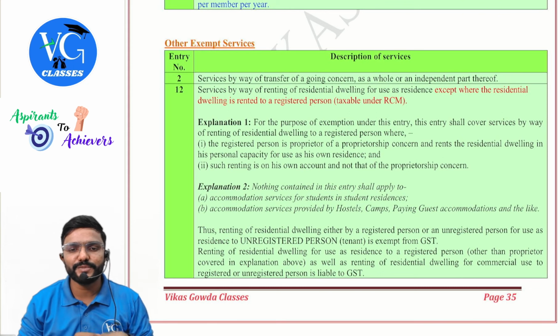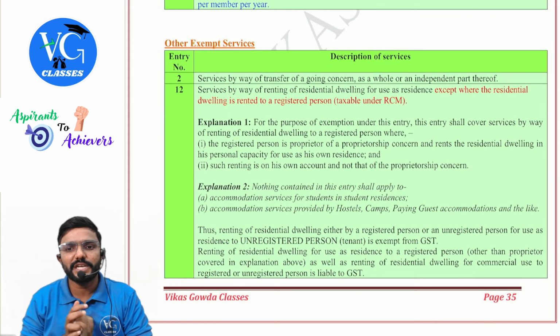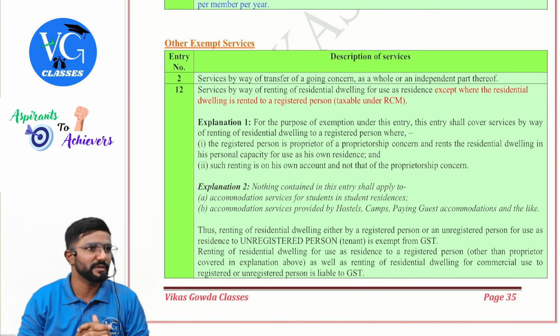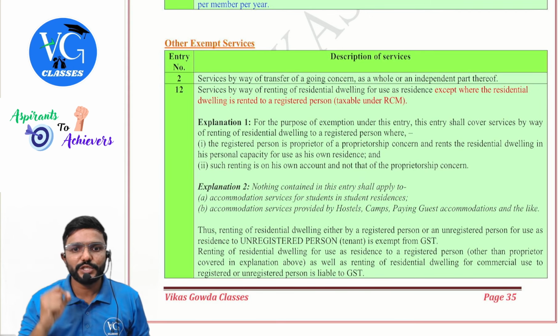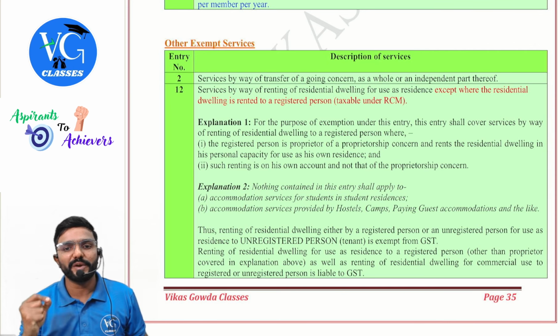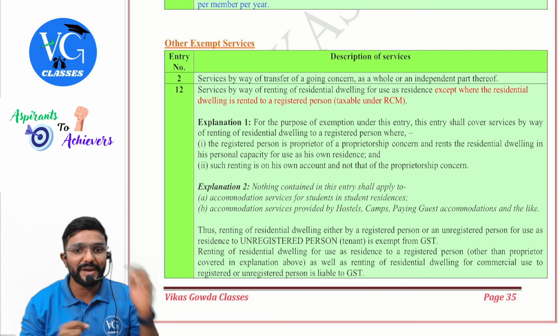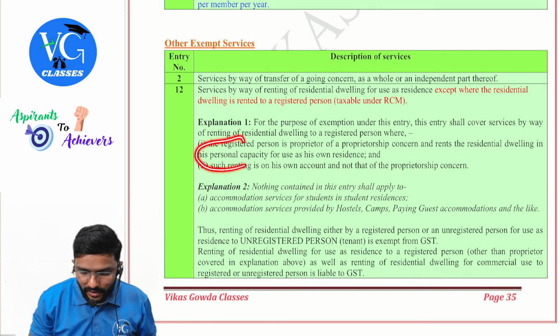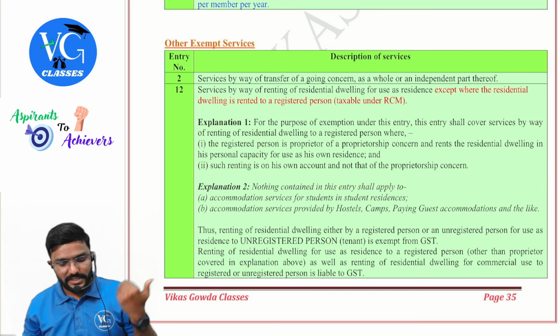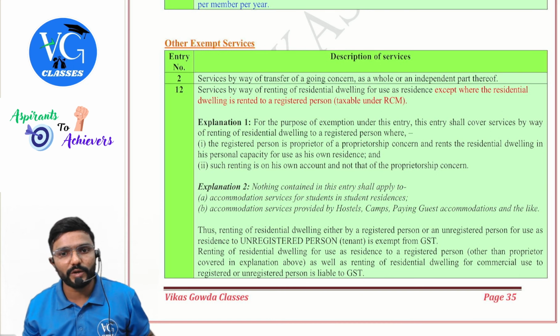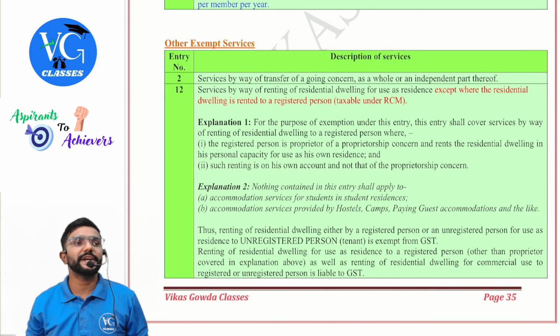For the purpose of exemption under this entry, it shall cover services by way of renting of residential dwelling to a registered person where the registered person is the proprietor of a proprietorship concern and rents the residential dwelling in his personal capacity for use as his residence, and such renting is on his own account and not that of the proprietorship concern. Very simple, guys.